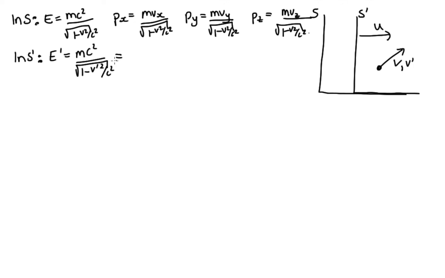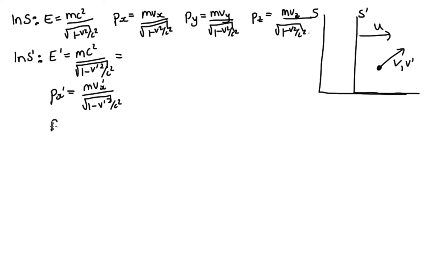In a little bit, we'll look at how we can simplify this further once we calculate this bottom term. But let's just list down the other expressions. So we've got px prime is equal to m vx prime over the square root of 1 minus v prime squared on c squared.